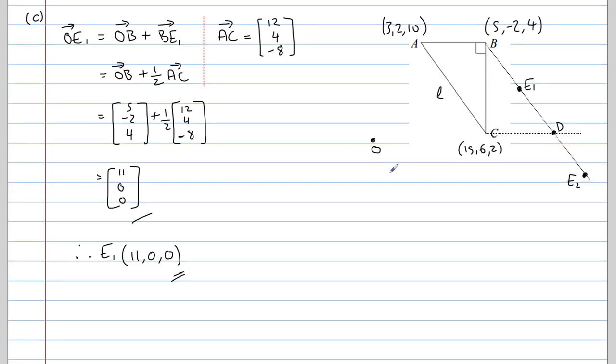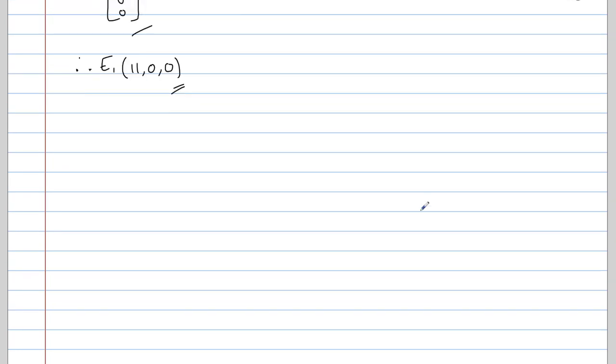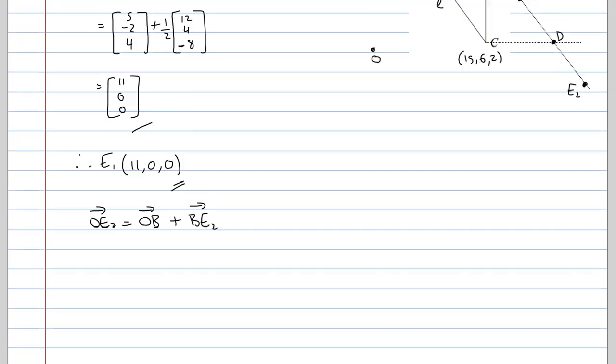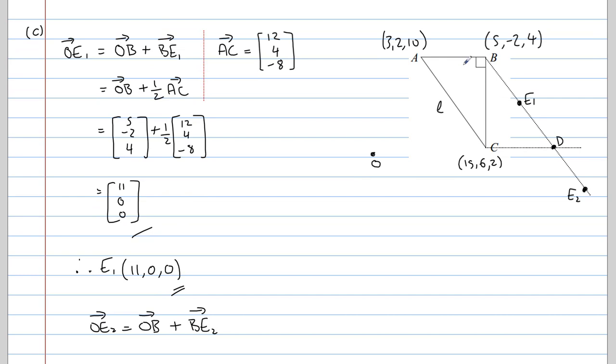We can do something very similar to get to E2. We're going to follow the same path. We're going to go from O to B plus B to E2. But calculating B to E2 will be slightly different to calculating B to E1, because rather than just half of the distance from A to C, we want to go the whole distance and then another half. So we want to multiply AC by 1.5, or 3 over 2.